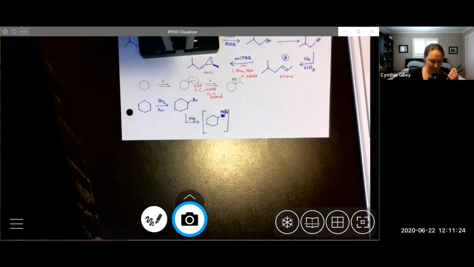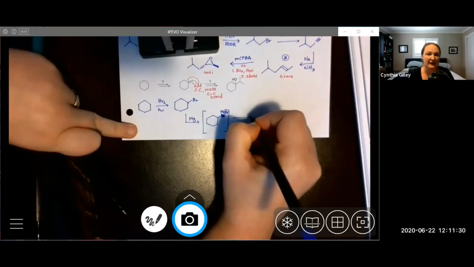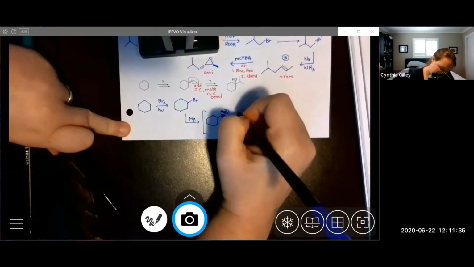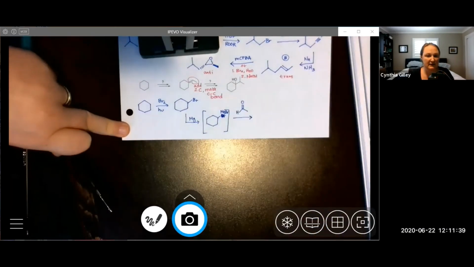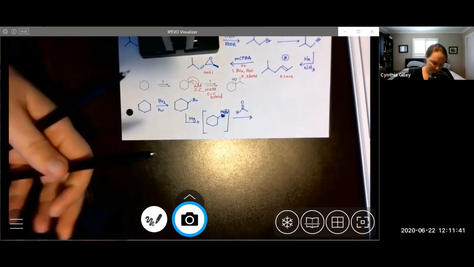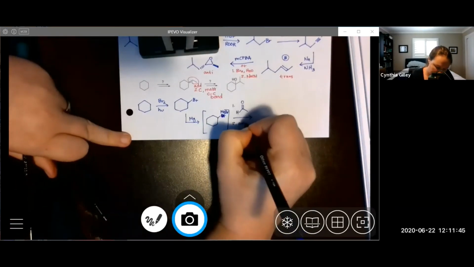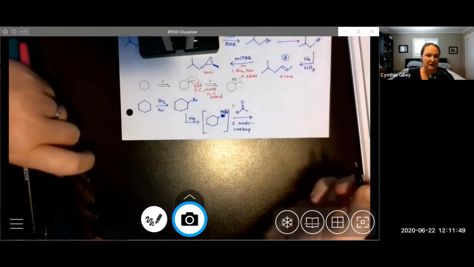We need to add two carbons, and whatever electrophile we end up adding here has to have two carbons. So let's say the best one here, and then there'll be some sort of acidic workup, which is sometimes not mentioned, sometimes just written at the bottom.